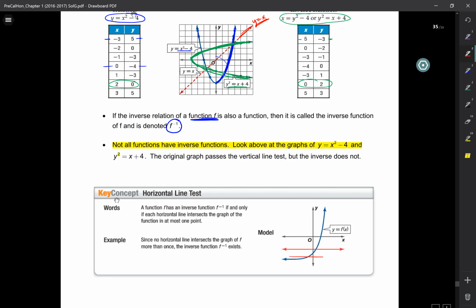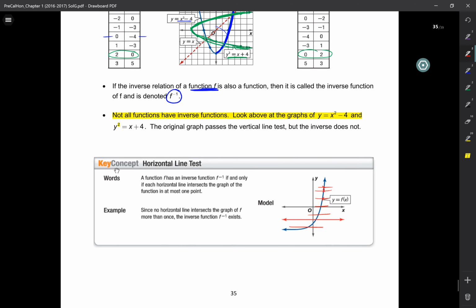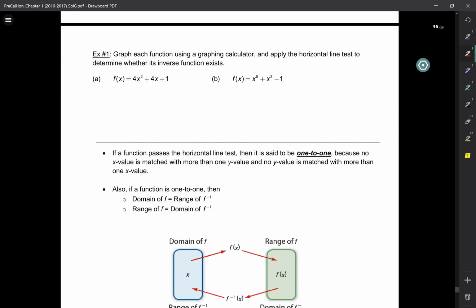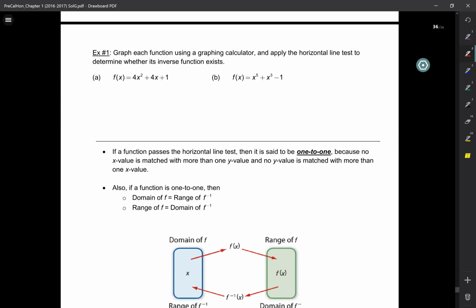If you draw a series of horizontal lines, each horizontal line is allowed to touch the graph at only one distinct point. If that happens, then the graph does have an inverse function. So this means the inverse function f inverse does exist.